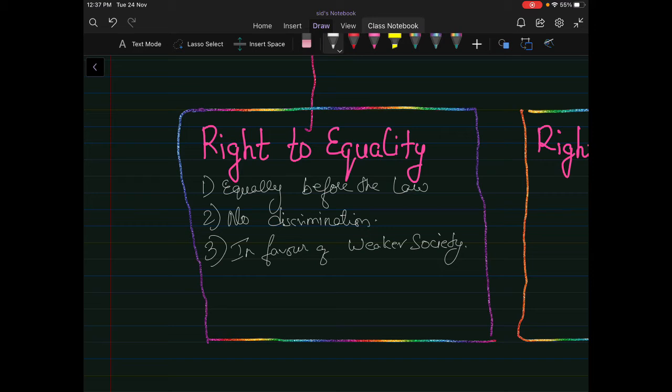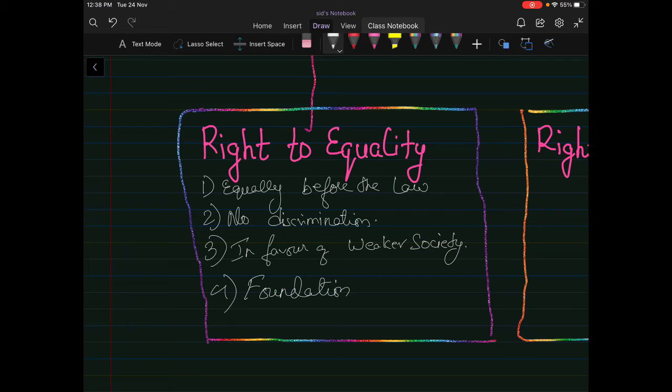So the right to equality is the foundation of all rights. This means that if there is no right to equality, there are no other rights, for example the right to freedom and the right to liberty. In order to enjoy those freedoms, the right to equality is a must.